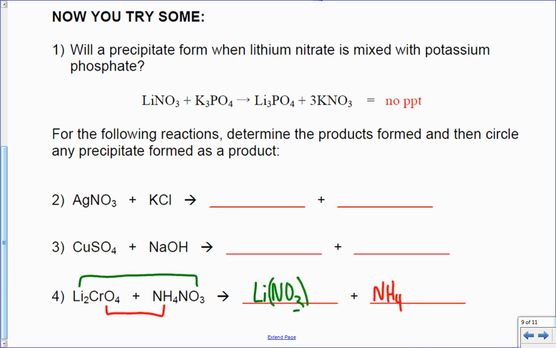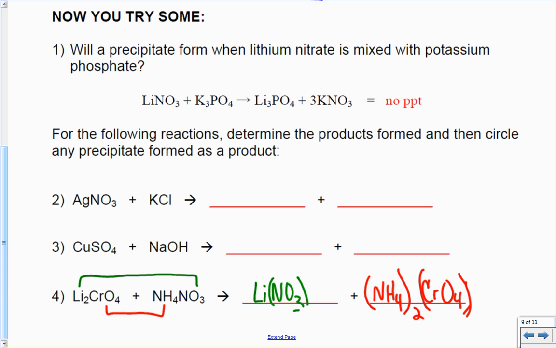Because the NH4 gets the 2, I'm going to put it in parentheses and put the 2 there. And then the chromate, CrO4, is going to have a 1, so I can just leave it like this, or I can put parentheses around it and leave the 1 off, whichever one works for you. Okay, but that's how we crisscross. And now we have stable compounds.